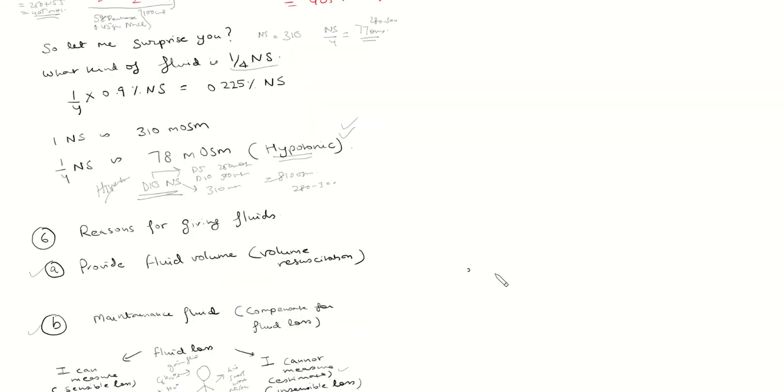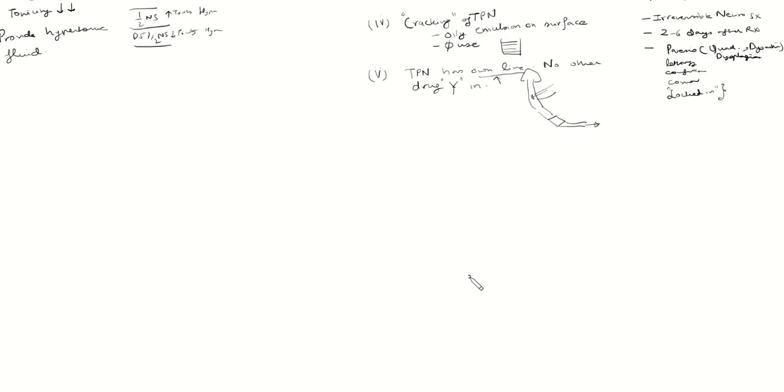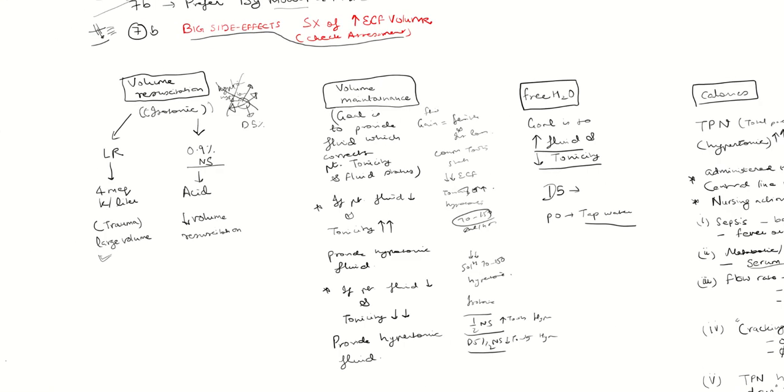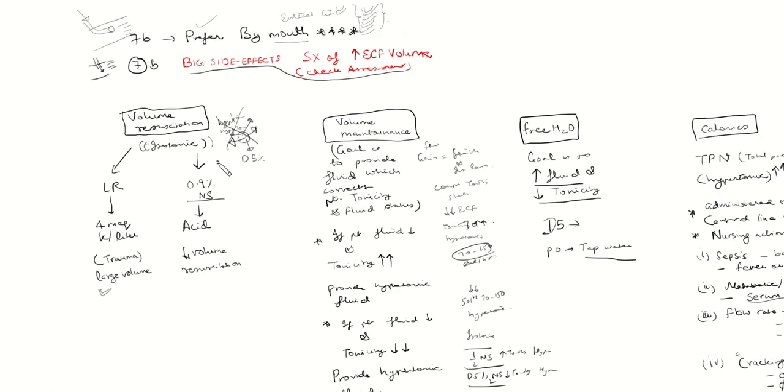We talked about 5 reasons for giving fluids, right? Which is amazing because that actually helps us figure out everything. These are the 5 reasons. I got to resuscitate their volume. I got to maintain their volume. Resuscitate volume: large amounts of fluid, correcting deficits over a short period of time.